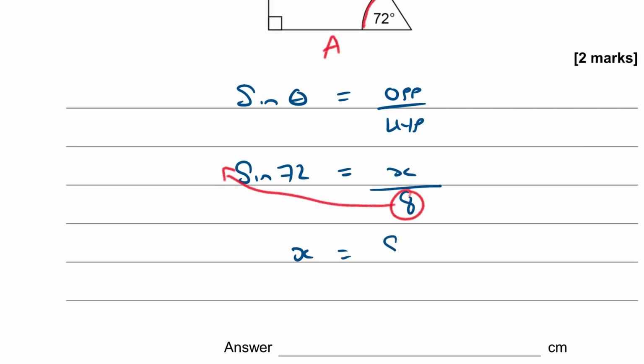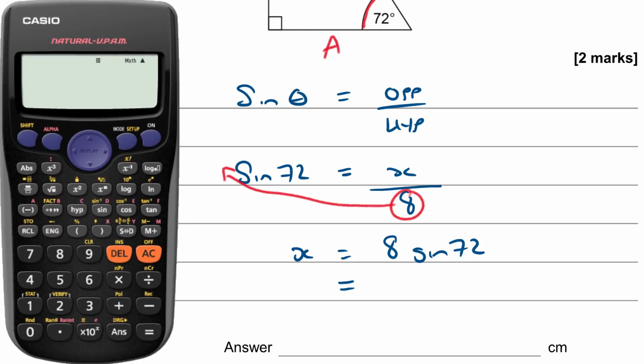So x is equal to 8 sine 72. Reaching for the calculator. Sine 72. Make sure your calculator is in degree mode. That could be a terrible, terrible mistake otherwise. Sine 72 times 8 is 7.608.